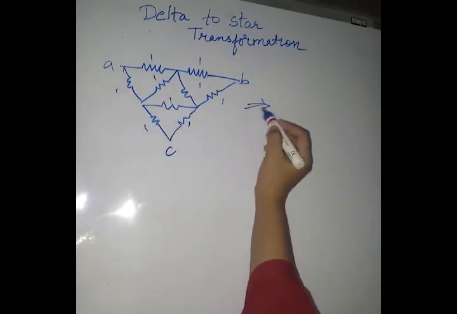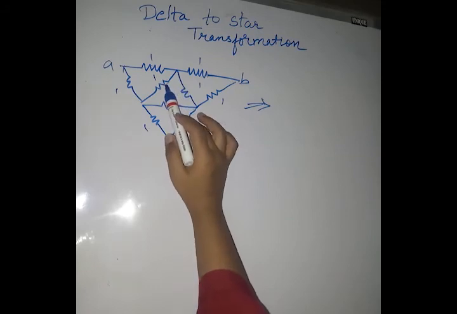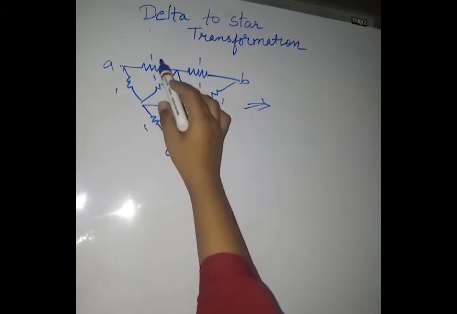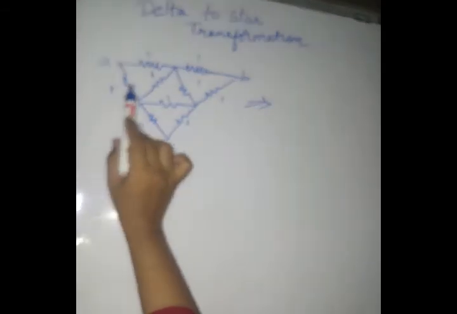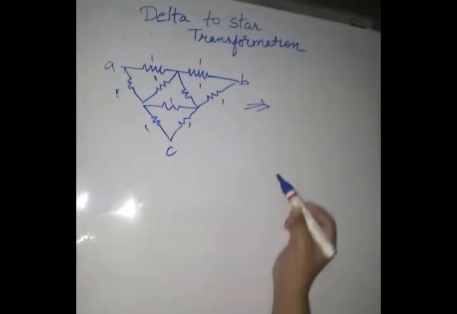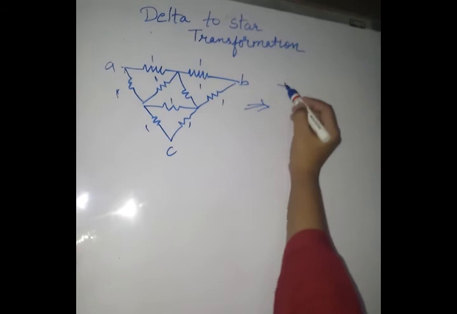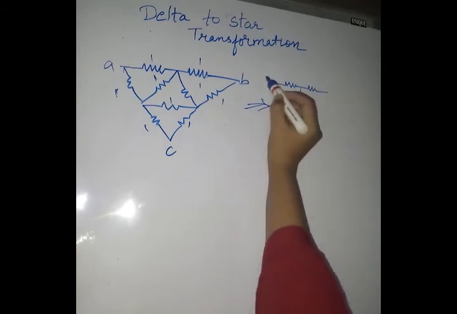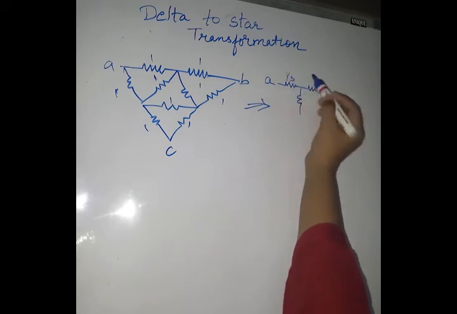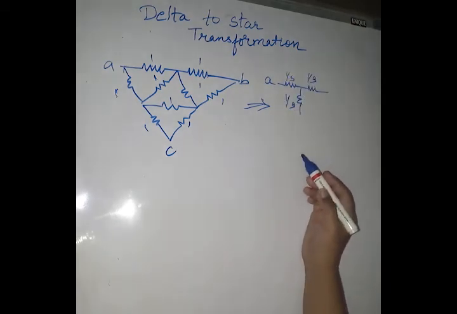So what we will get? Converting this delta, I have told you, from delta to star, if all the resistors are the same, it will be 1 by 3 the value of the resistor. So that is 1 by 3 into the value of resistor, which is 1. So making this delta into star, it will look like this: 1 by 3, 1 by 3, and this is also 1 by 3.